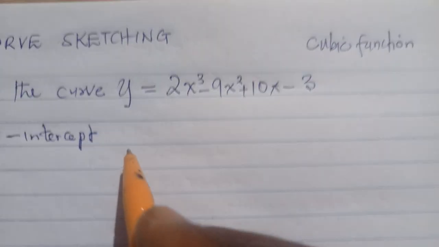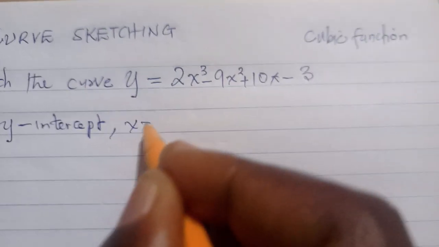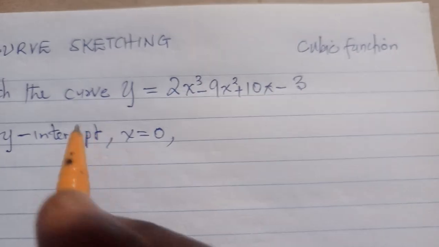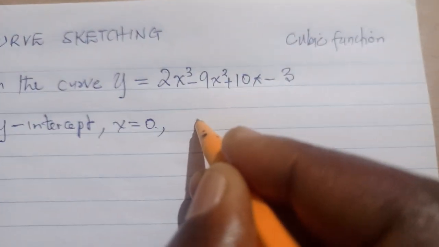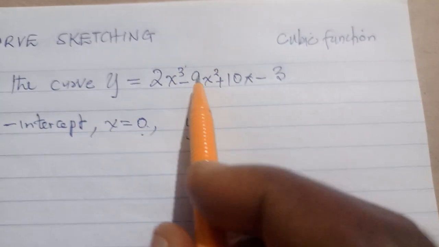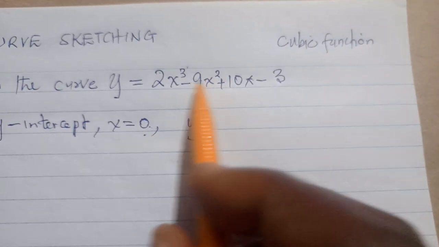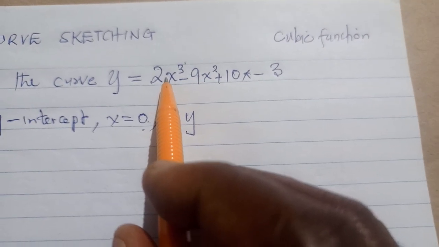So here at the y-intercept, you remember the value of x is equal to 0. So we substitute in this equation. If x is equal to 0, then our y will be, we substitute 0 here. So 2x cubed, 2 times x cubed, 0 cubed is just 0.